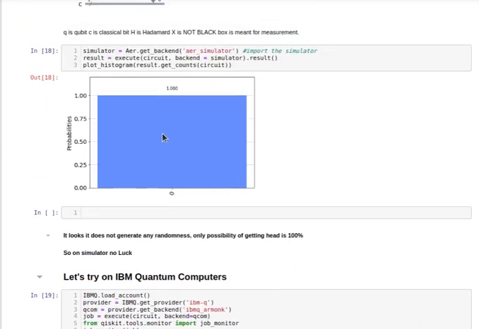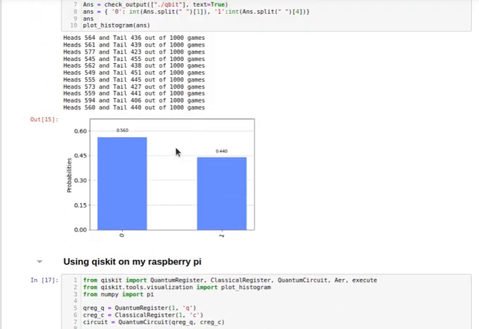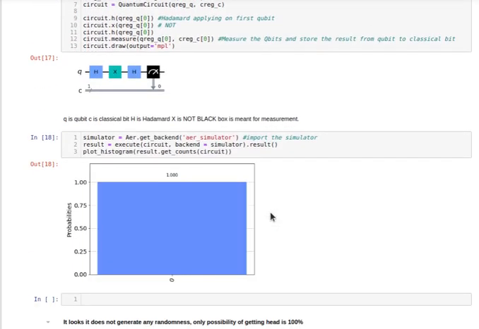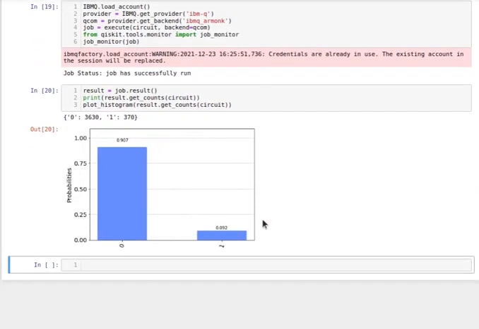Look at here: on the simulator, the probability of getting head was 100%. And on my Raspberry Pi running the same program in C language, it's almost 56%, and 44% of getting tail. So this is what I would like to convey to you from this example, how things work on different systems. Thank you.